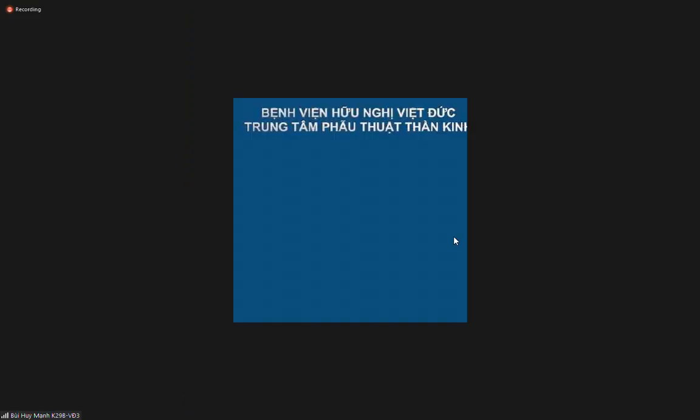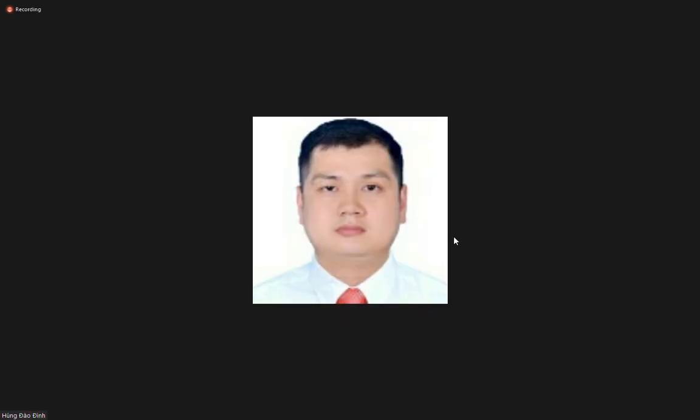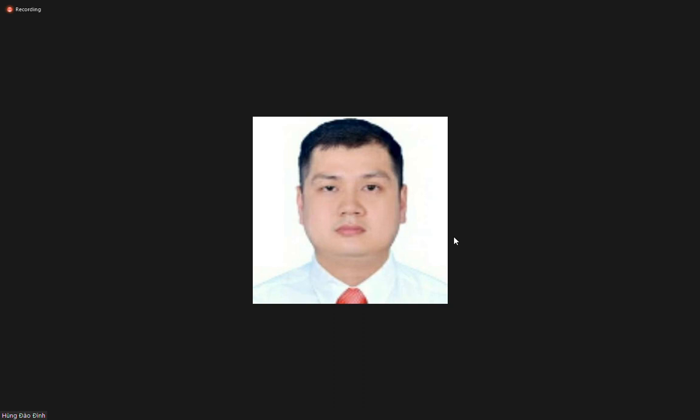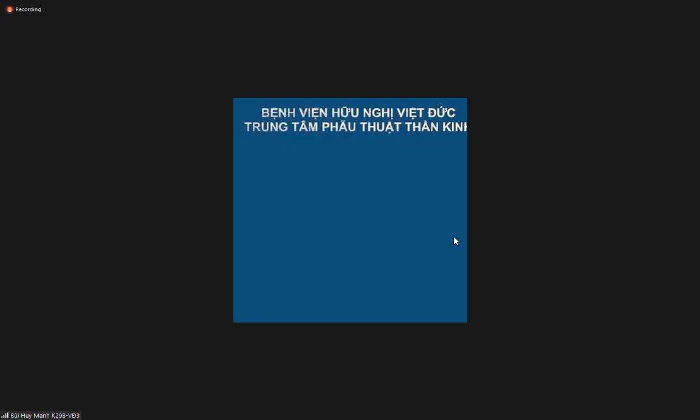I also agree with Dr. Hao and Dr. Bao. If we can remove the mass of OPLL, it's the best, because it compresses from the front, and we decompress from the front. But before we decide to do the anterior approach, we must think about two problems.